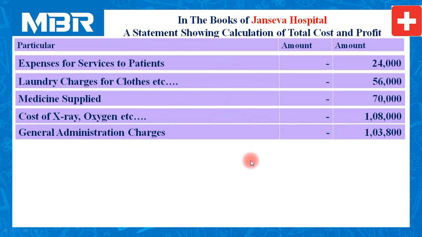In this way, we have arranged all the expenses in a table. Simply, it is a list of expenses incurred by the hospital for the purpose of running medical services. So nothing is so special and difficult for the students of commerce.